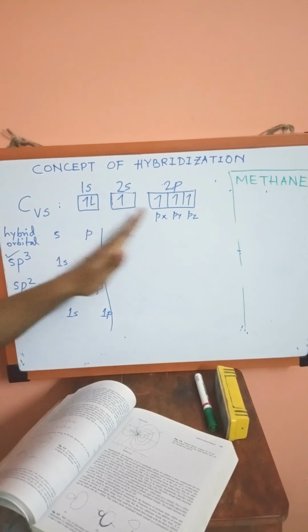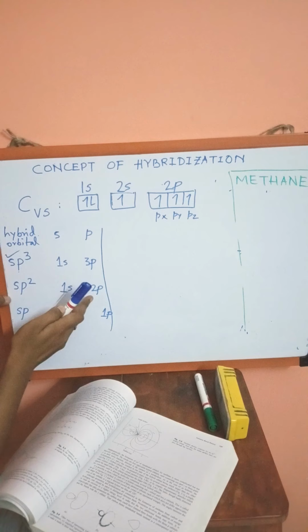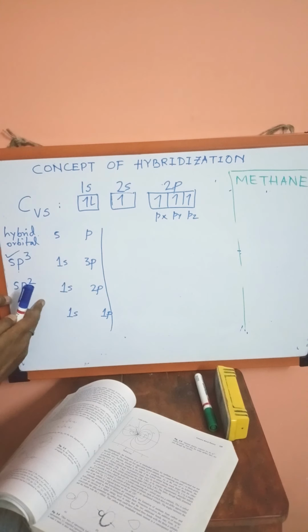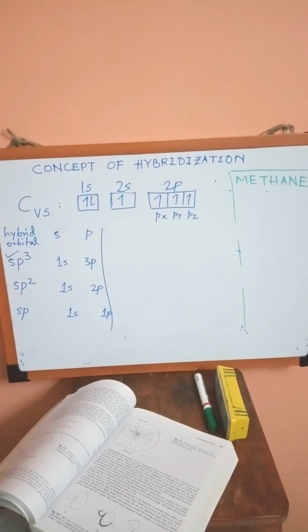So you have these things. Now when they are going to mix to form the new set of hybrid orbitals, in case of sp2, 1 s and 2 p orbitals will mix, the other will not mix.